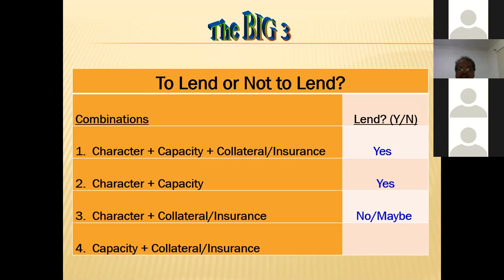Even in the credit C's, I started with character, even though it doesn't follow alphabetically, because you have capacity and that sort of stuff. To me, character was most important, and even though in the credit C's I put it alphabetically, I also tried to put it in ranking order.